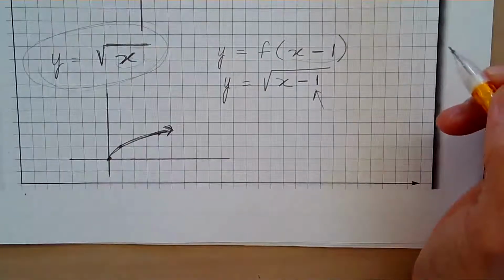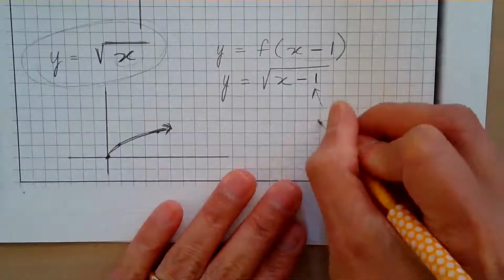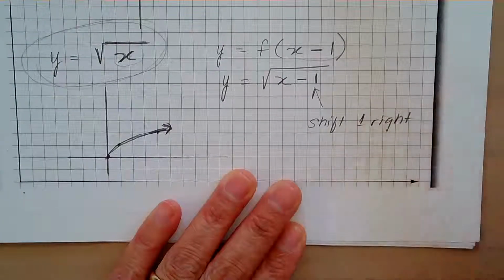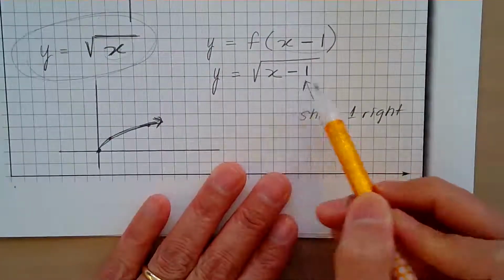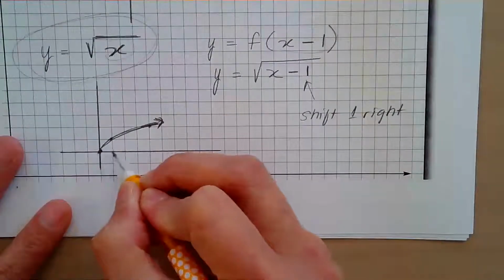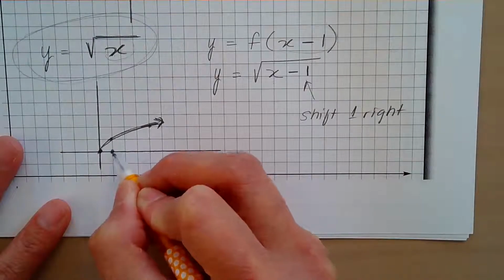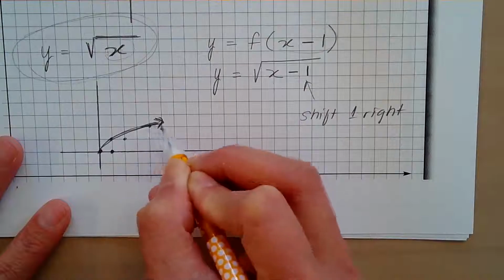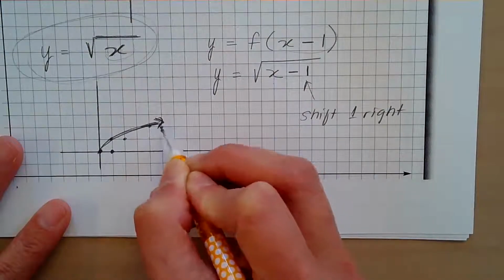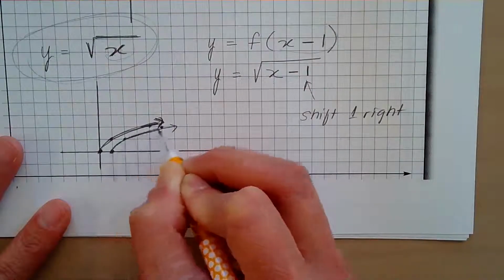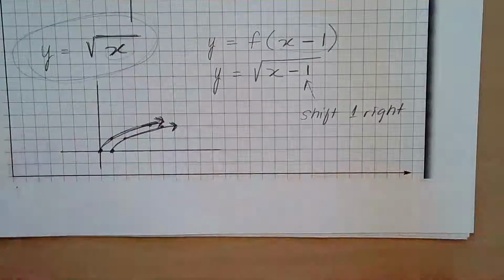Shift 1 to the right. See, it's affecting the x. Every single point is moved to the right. Good.